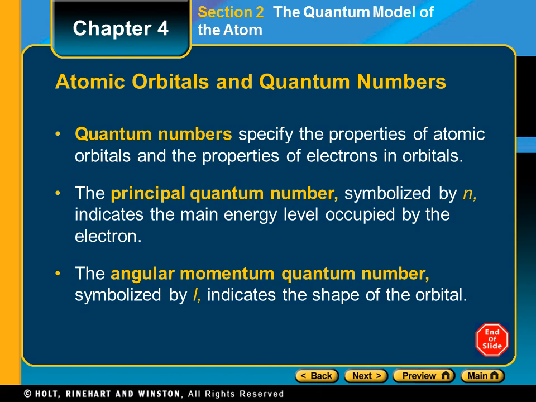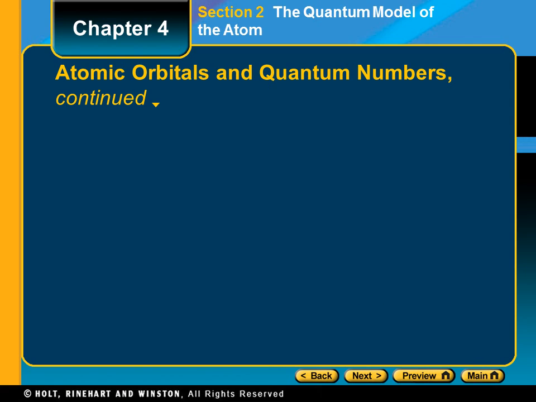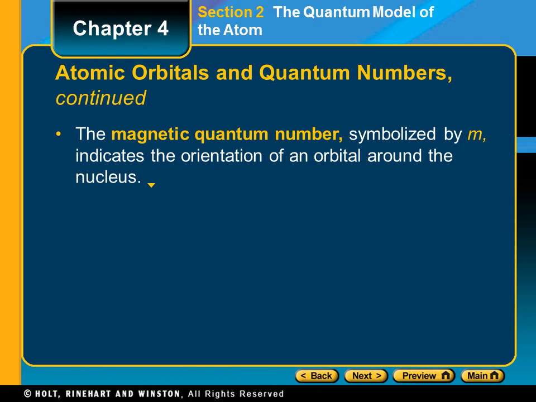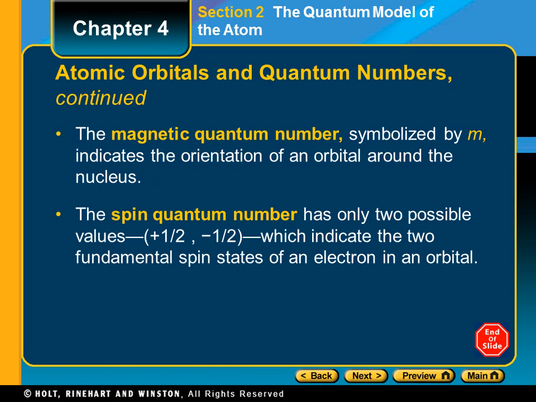We can describe the shape of the orbital, 2. We can look at the magnetic quantum number, lowercase m, which describes the orientation of the orbital, so that's 3. And then the spin quantum number, which only has 2 possible values, positive 1/2 or negative 1/2, which basically indicates that the electron is either spinning in one direction or spinning in the other direction.